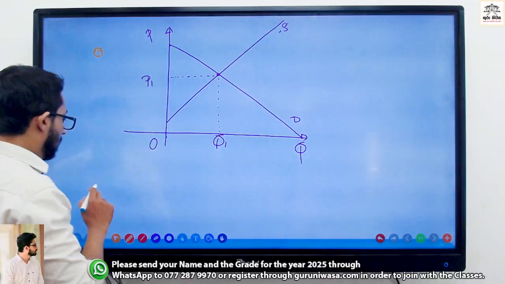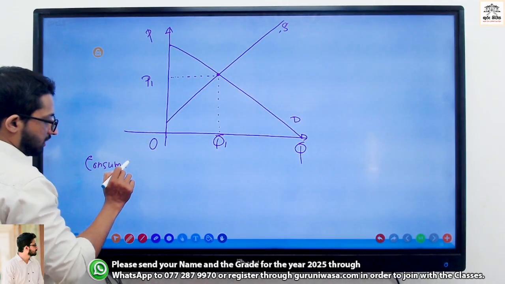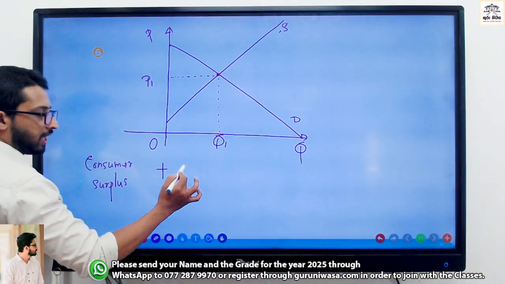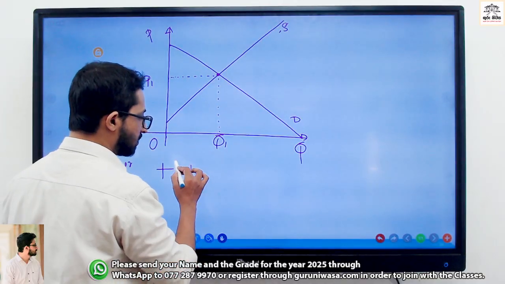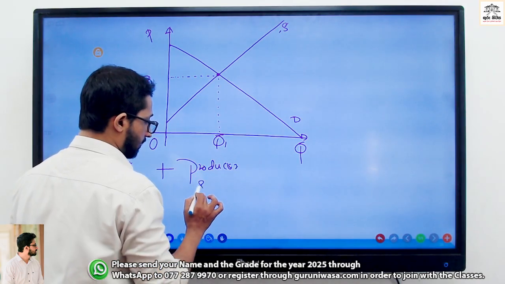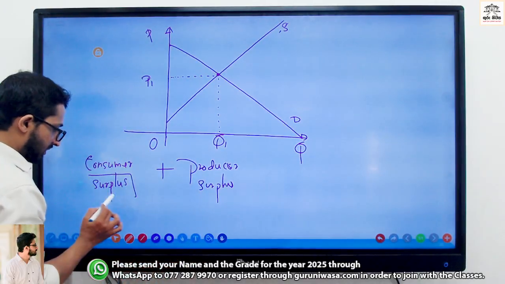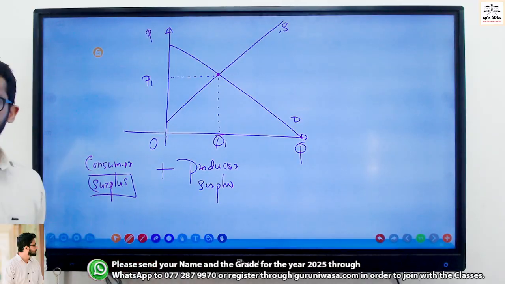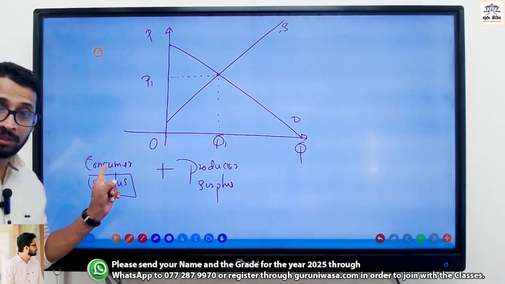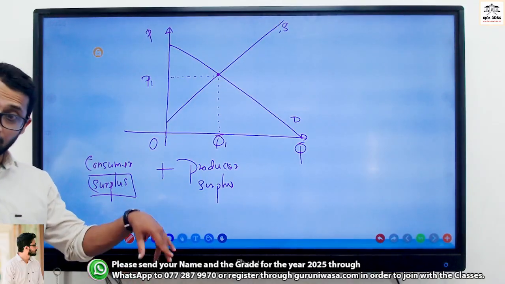There are two concepts called consumer surplus and producer surplus. Surplus simply means benefit. Whose benefits here? Consumers benefit, and producers benefit.